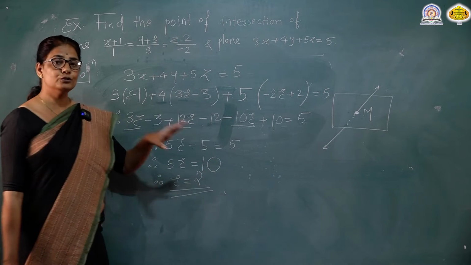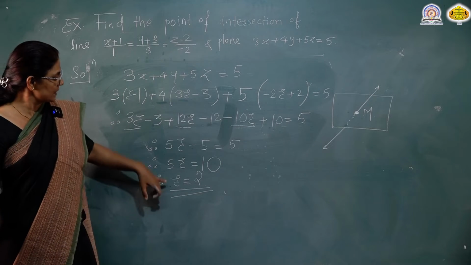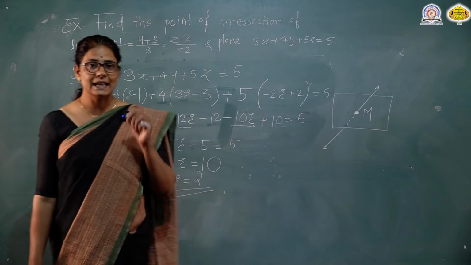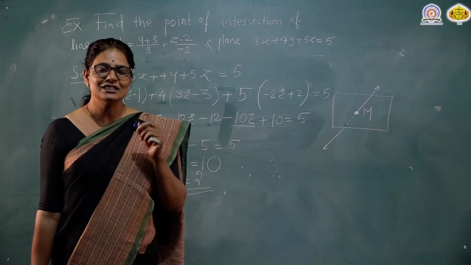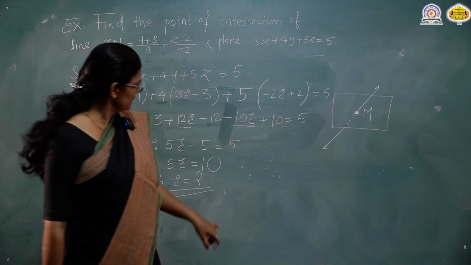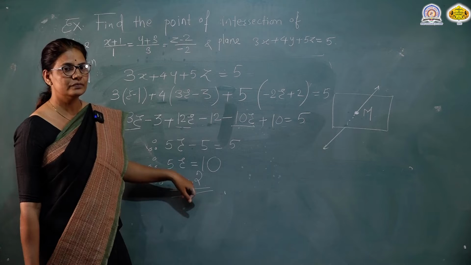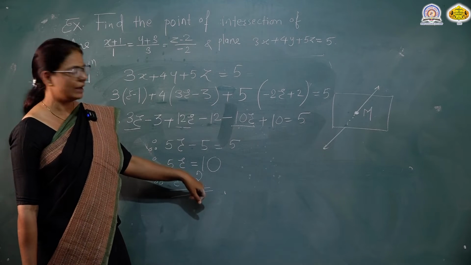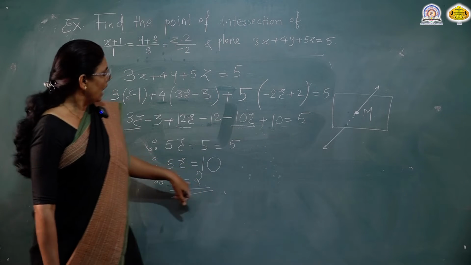Since we get a unique value of r, we can say that the line intersects the plane at a unique point. That is, the line intersects the plane, and this value should be a real value. This is the real value. Now r equals 2.